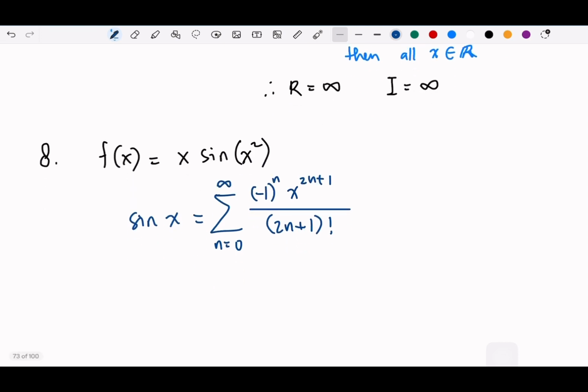Now to make it sine x squared, we can exchange all x with x squared.